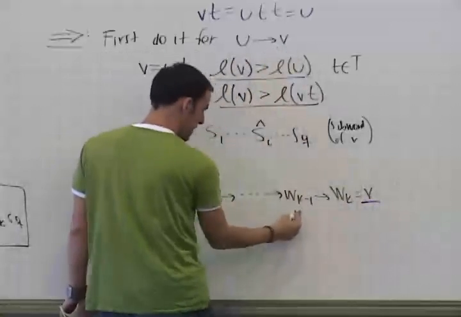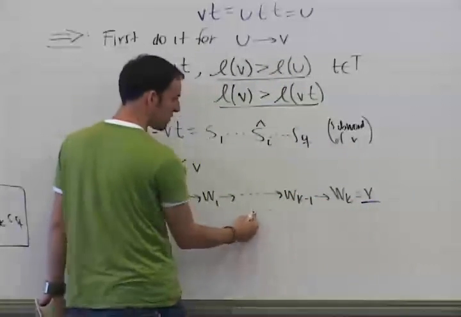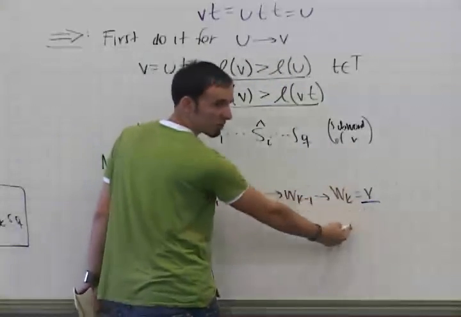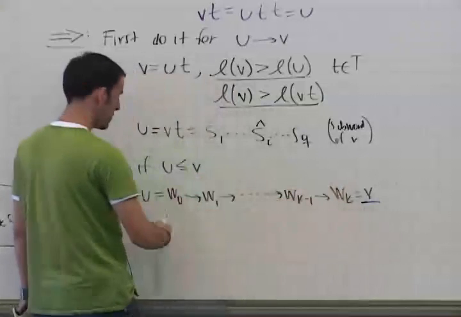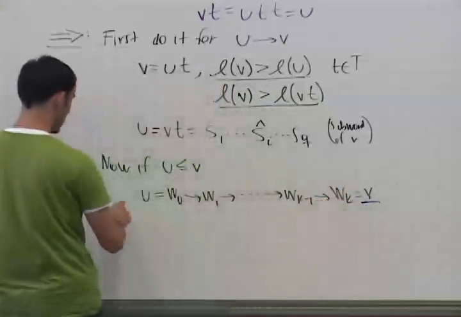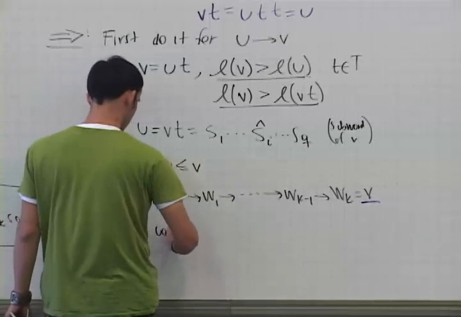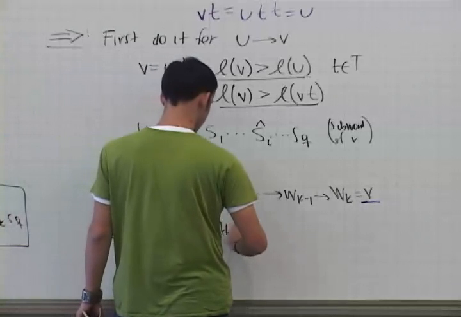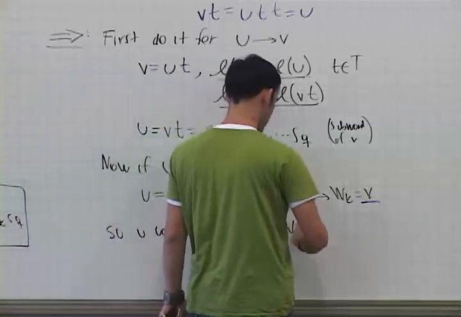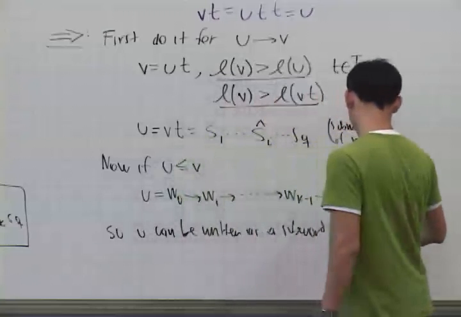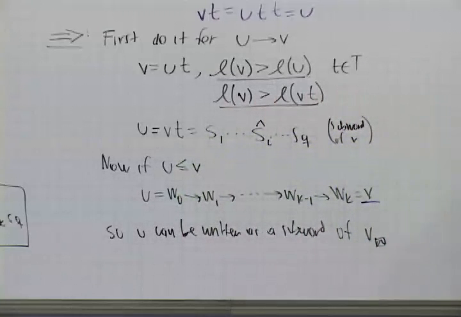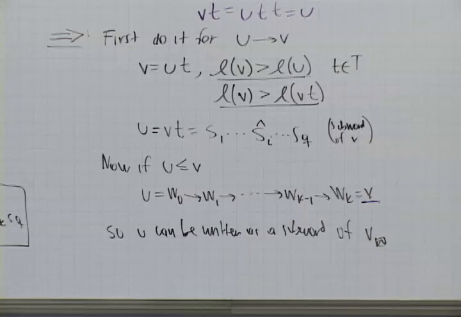So W_{k-1} is a subword of V, W_{k-2} is a subword of W_{k-1}, so it's a subword of V, and so by induction, W_0 is a subword of V. So U can be written as a subword of V. Is that okay? So that proves the first direction.